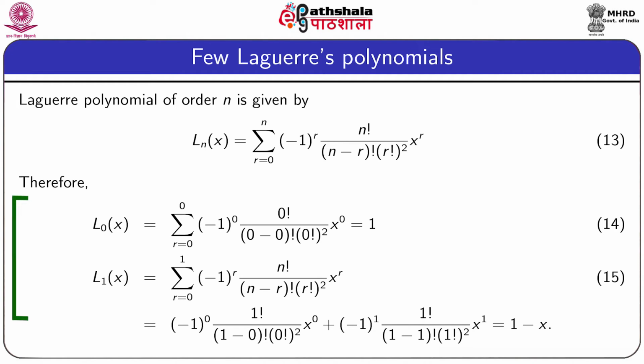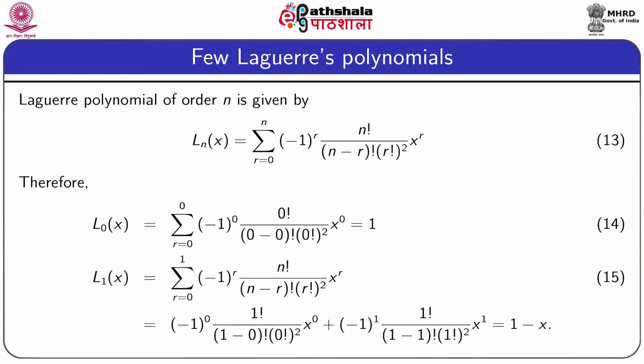So, all you have to do is put the value of r equal to 0 and n equal to 0 in equation number 13, and since we know 0 factorial is equal to 1 and x to the power 0 is equal to 1, the expression is equal to 1.